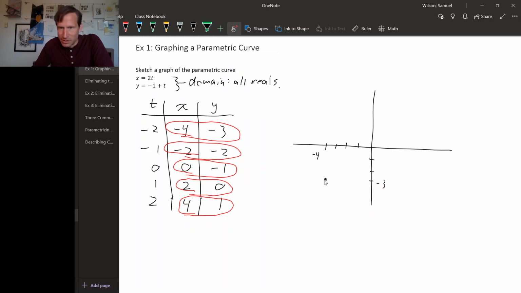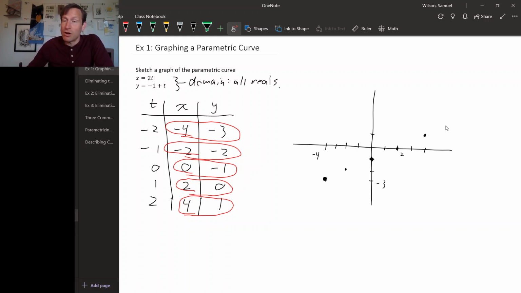So that's going to be here. So there's one point on our parametric curve. And then minus 2, minus 2, that's right here. And then 0, minus 1, that's right here. And then 2, 0. And then 4, 1, so right there.